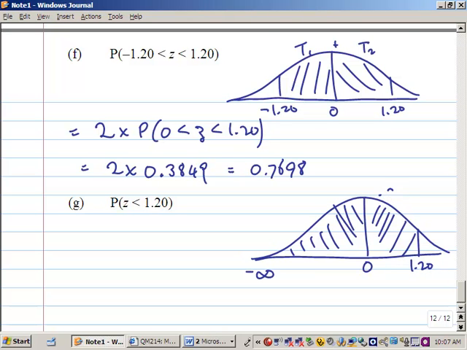We know from 0 to 1.2 is 0.3849. What's the probability of getting from minus infinity to 0? That's just the whole side of the distribution, and that side is a half, of course. So it's a half plus 0.3849. That's 0.8849.